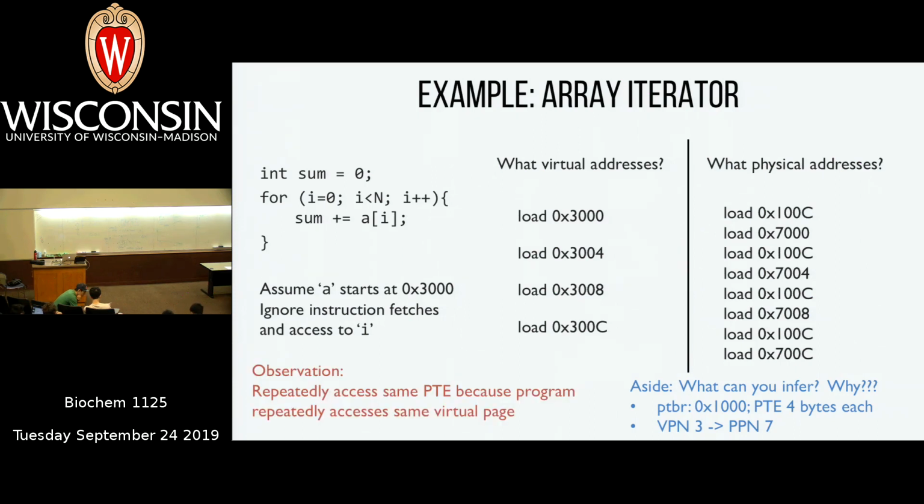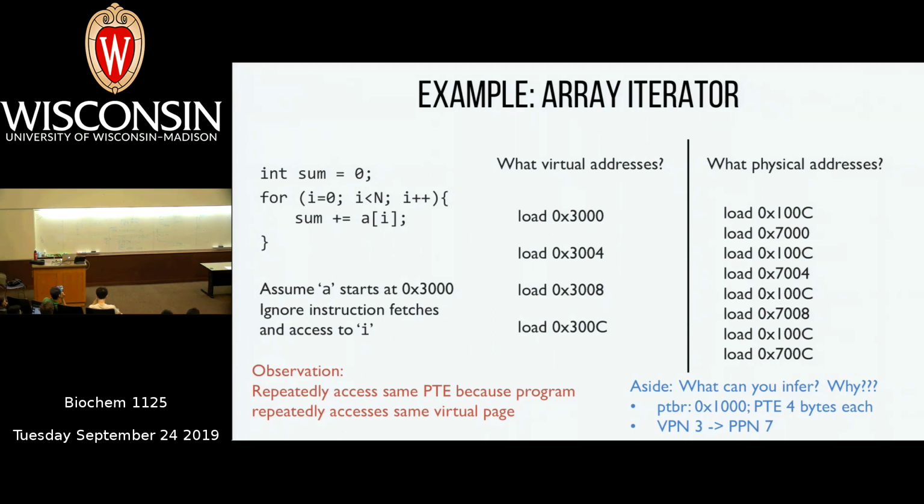But what we want to be showing here is how useful this is going to be for performance. This program, that's a pretty basic program, the way it's structured is the user keeps accessing memory addresses that are on the same page. So because of that, we need to keep going to the same page table entry. We keep reading over and over again 1,000 in C to see that the mapping 3 goes to 7.